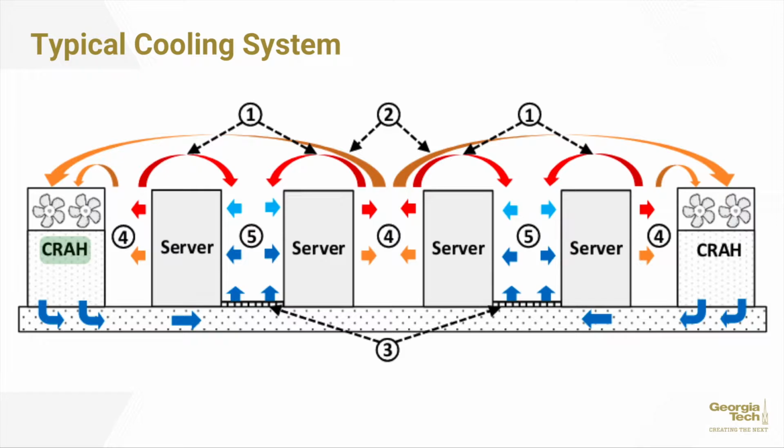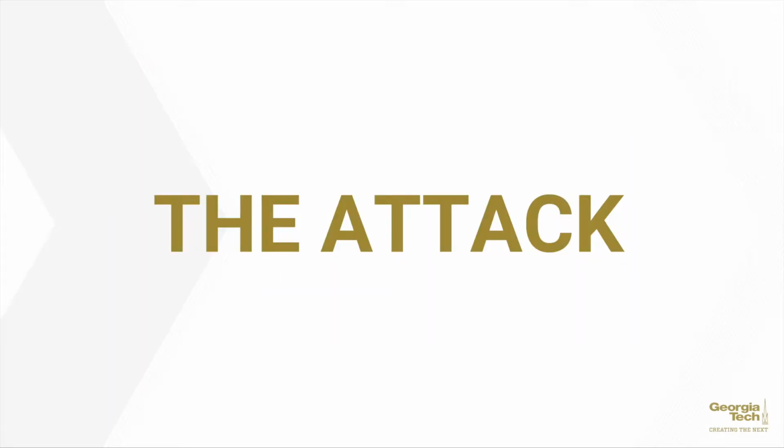This is the thermal side channel that forms, and this is the measurable heat that you can grab from some of the servers. We have enough background info and context that we can move into the actual attack itself.